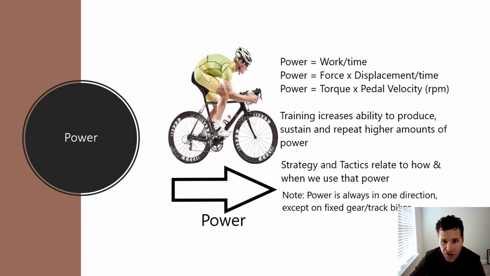So force in this situation on a bike is represented by torque, which is basically angular force, how hard you're pushing on the pedals. And displacement over time is represented by cadence, or RPM, revolutions per minute, which is how fast you're spinning. So basically, if you want to increase power, you can either push harder, increase the torque, or you can spin faster, increase your RPM.